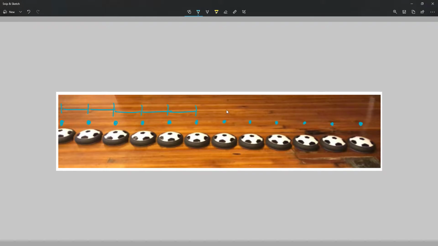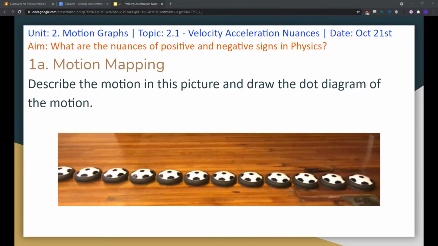And so this is our dot diagram. Well, this is a bit off, but that's just due to human error. So you travel an equal distance each interval, so you know the object is traveling at a constant velocity. You know it's traveling at constant velocity because you see that the object travels an equal amount of distance each interval, each time the picture was taken.